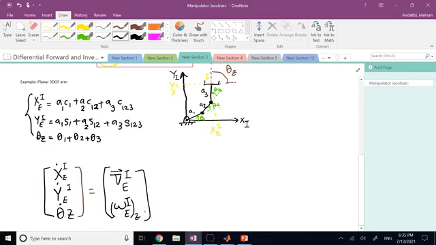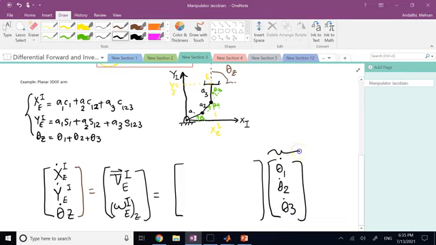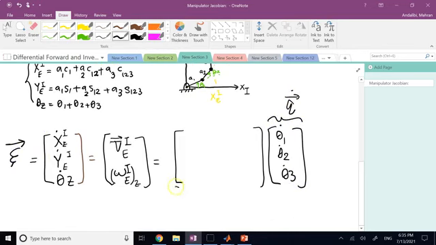So what is this? You can write it as a matrix times the joint variables, their time derivatives, which are theta 1 dot, theta 2 dot, and theta 3 dot. And this guy, as I said, you call it vector q dot. And this guy here, you call it vector zeta. So this connecting matrix, you can call it the J matrix. Now, what is that?